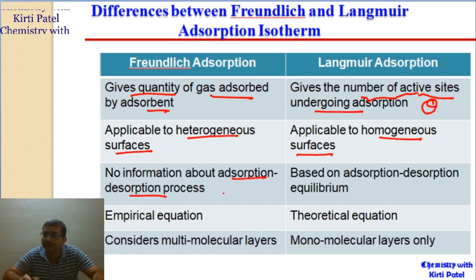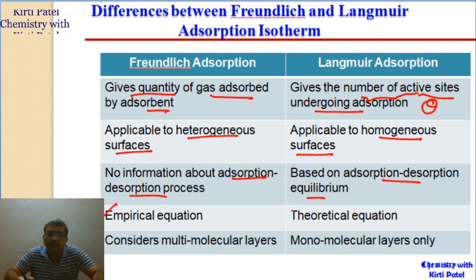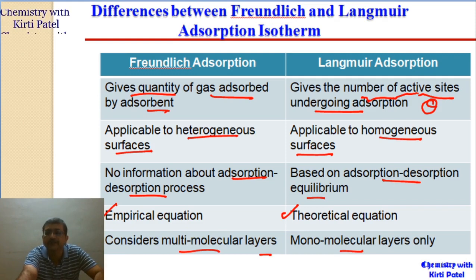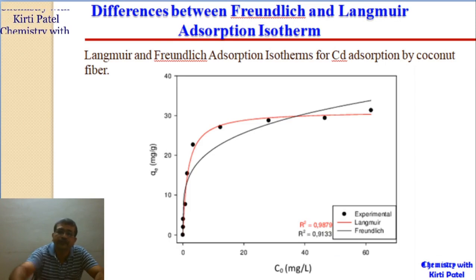It does not take into consideration the two reverse processes, while the Langmuir adsorption isotherm is based on the equilibrium between the adsorption and desorption processes. The Freundlich adsorption isotherm was an empirical equation, while Langmuir's is based on theoretical concepts, so it is a theoretical equation. Freundlich considers multimolecular layers, while only monomolecular layers are considered in Langmuir. So these are the differences between the Freundlich and Langmuir adsorption isotherms.